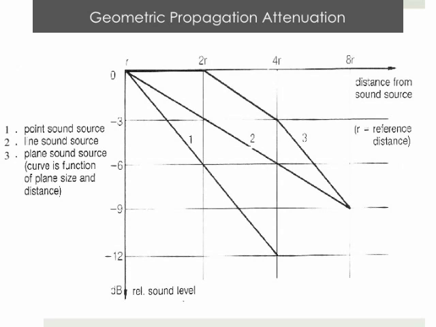And the plane sound source is something that has a lot of dimensions, in all directions, such as a big instrument like a piano. So you can see that in line number one, the point sound source, the sound level decreases 6 dB every time we double the distance.